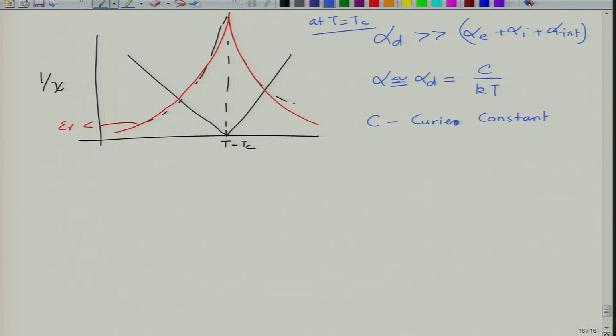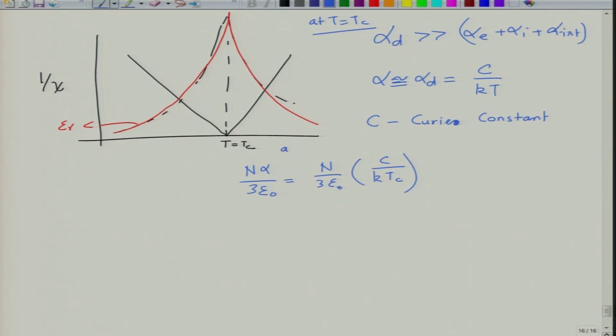We saw that alpha came out to be some number divided by kT, right, and that is why we are saying that alpha is equal to C divided by kT, where C is the Curie constant, and hence we can write n alpha divided by 3 epsilon naught equal to n divided by 3 epsilon naught into C divided by k Tc.